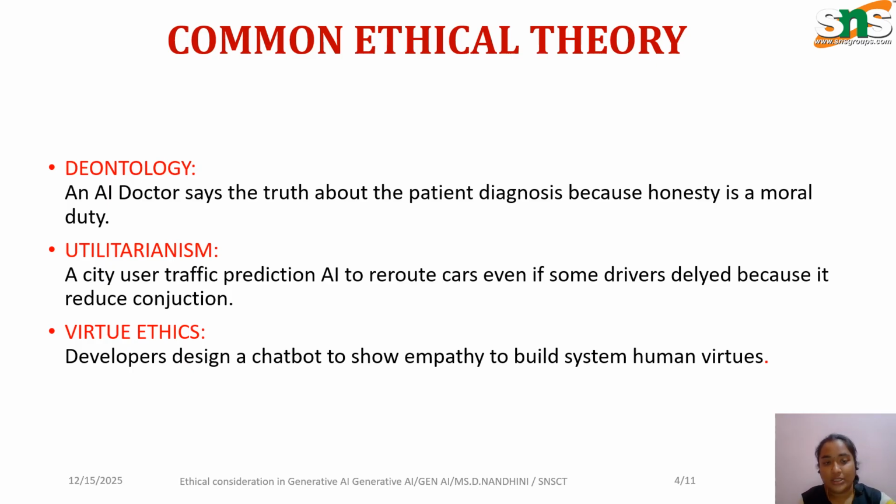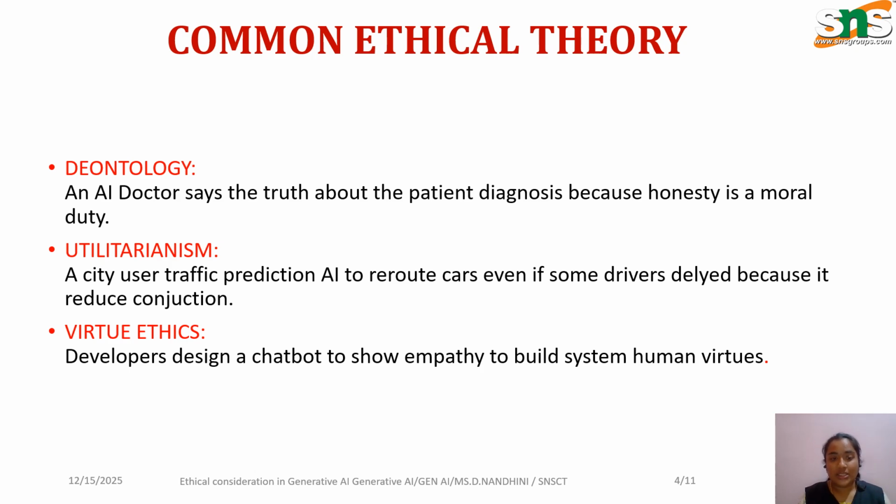Second one is the utilitarianism example. A city uses a traffic prediction AI to find the car routes. Even if some drivers are delayed, it is shown because it reduces the congestion for the most people. A maximum benefit, even if a few are inconvenienced.